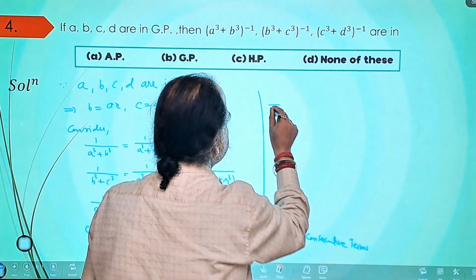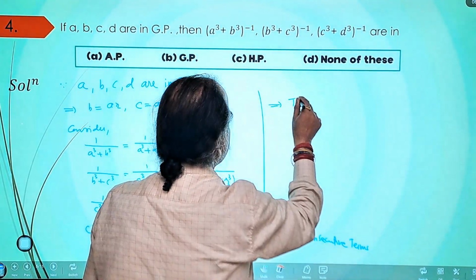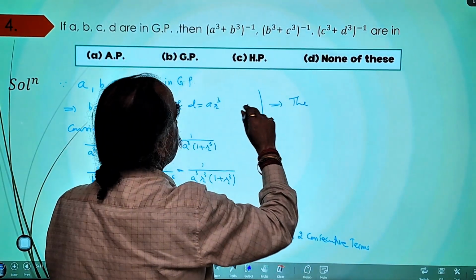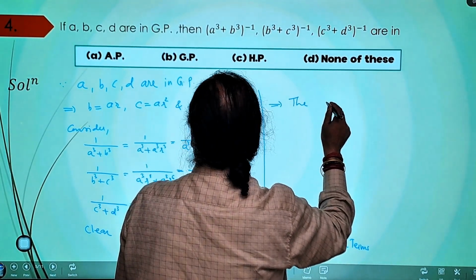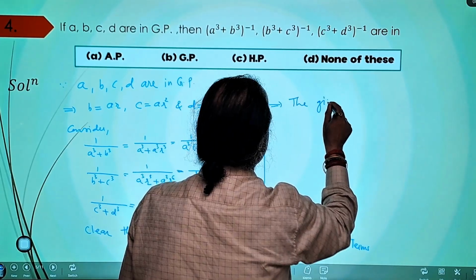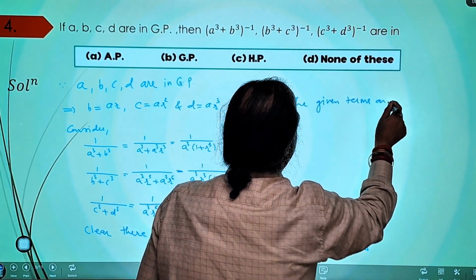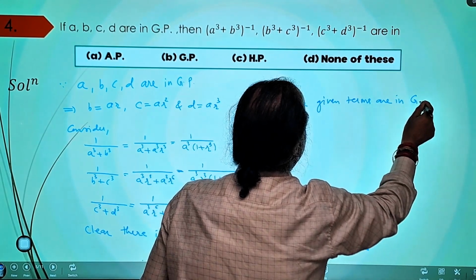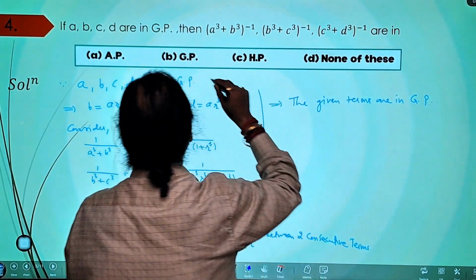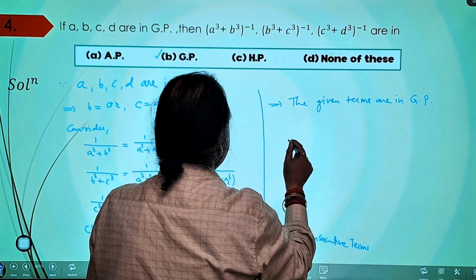So this implies the given terms are in GP. Answer B.